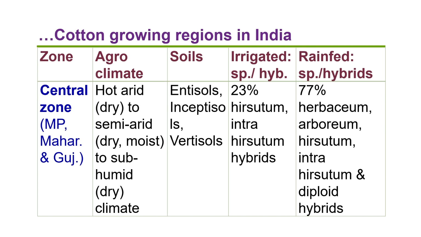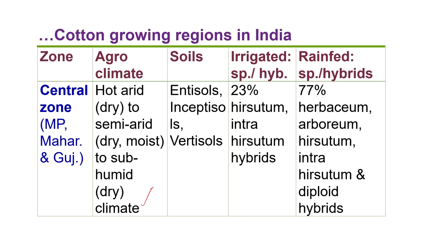Next zone is central zone. It includes Madhya Pradesh, Maharashtra and Gujarat. Agroclimatic conditions are hot, arid, that is dry, to semi-arid. Semi-arid means some dry and some moist, to subhumid.